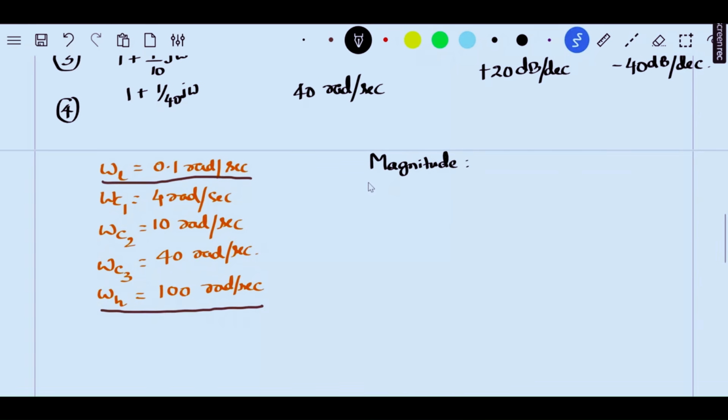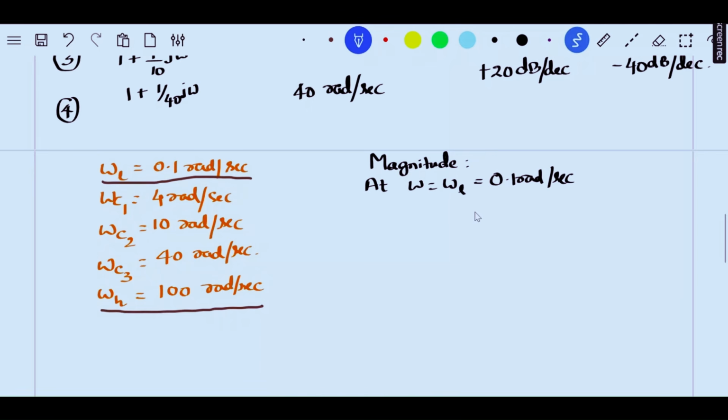Now coming to magnitude at omega equals omega L, which is equal to 0.1 radians per second. This is a very important step because this is where the values which we use in the magnitude plot come from.